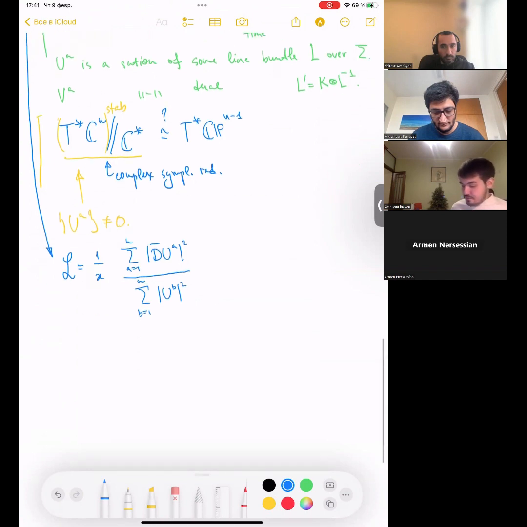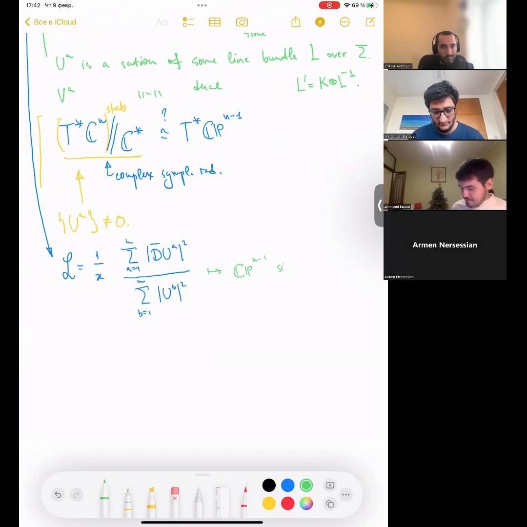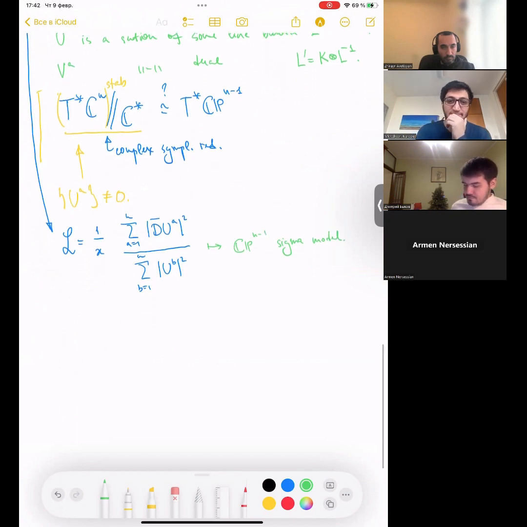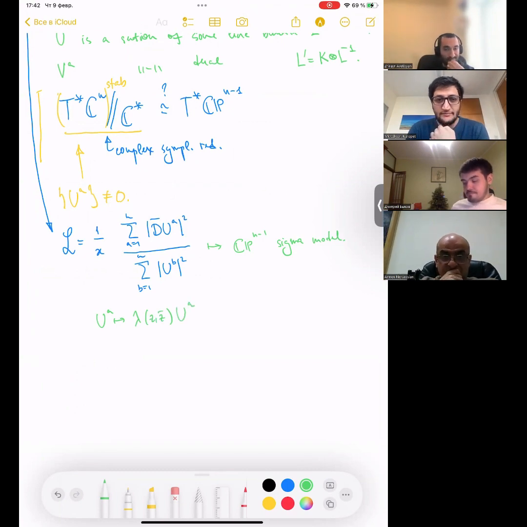And this is basically the CP^(N-1) sigma model. This is gauge invariant with respect to U goes to lambda U, with lambda in C star. So this is a C star gauge invariance.